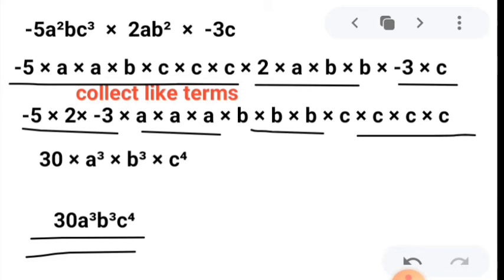So when we collect like terms together, all the numbers are brought together. The letter A is brought together, the letter B is brought together, and the letter C is brought together. So minus 5 times 2 times minus 3 will give us 30. A times A times A is A raised to the power 3. B times B times B is B raised to the power 3. And C times C times C times C is C raised to the power 4. So when we simplify this expression, we get 30a raised to the power 3, b raised to the power 3, and c raised to the power 4.